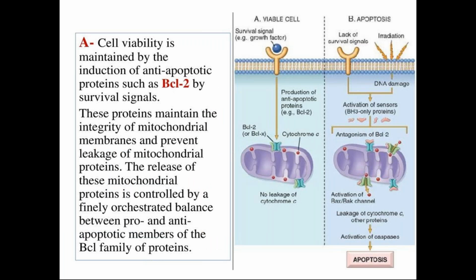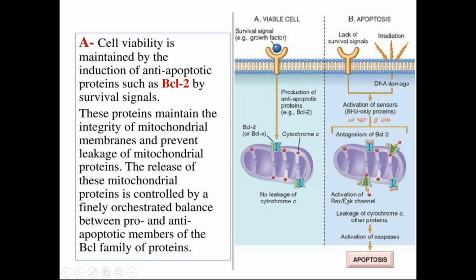So when there are viable cells with survival signals such as growth factors, there is production of anti-apoptotic proteins. Then the cytochrome C is maintained within the mitochondrial membrane. So there is no leakage of cytochrome C and the cell survives. But when there is a lack of survival signals, or factors like irradiation or any damage to the cell occur, there is DNA damage and activation of sensors like BH3-only proteins, and antagonism of BCL2 and BCL-XL occurs.